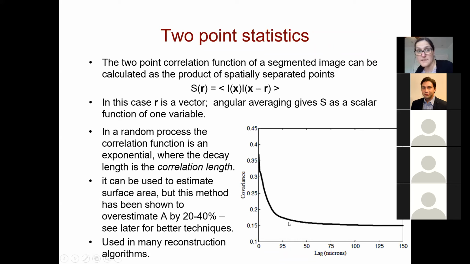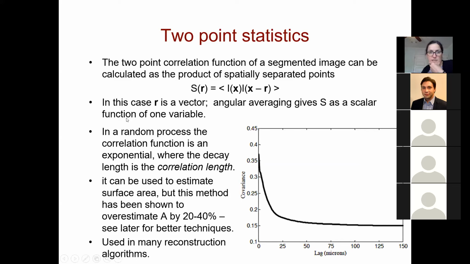It's a statistical measure that is straightforward to compute, but it can take quite a bit of computational time in complex images, and is often used both for characterization and for reconstruction of three-dimensional structures. And I'm just going to leave it at that.